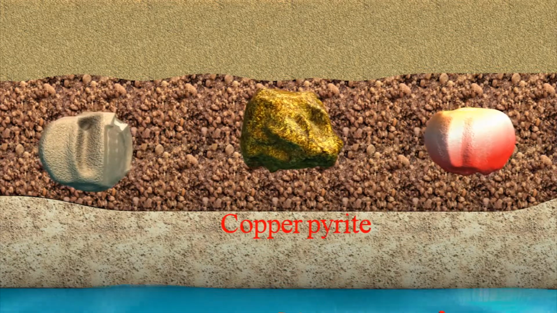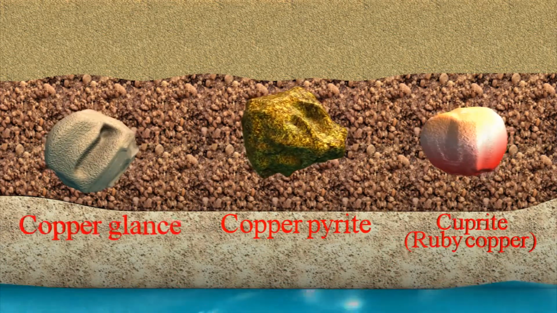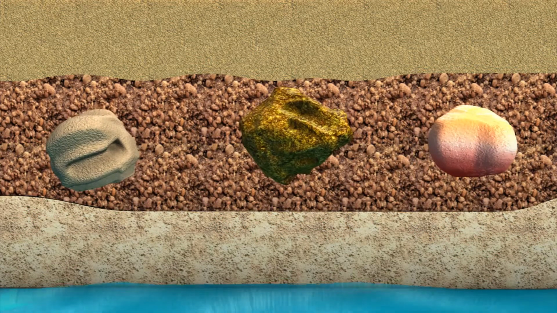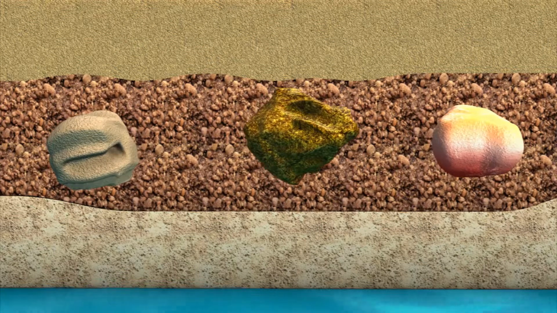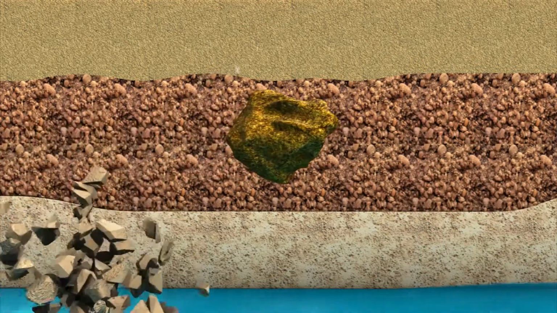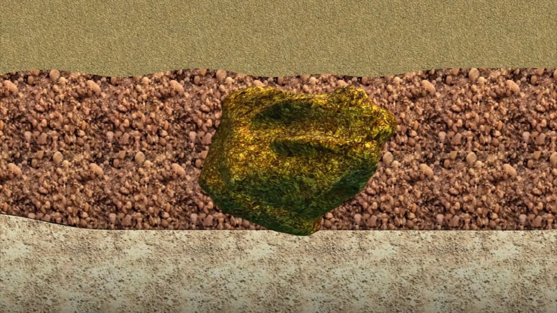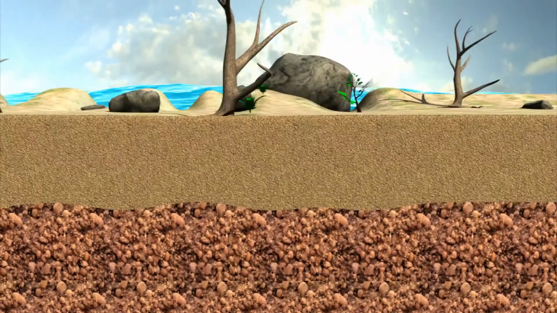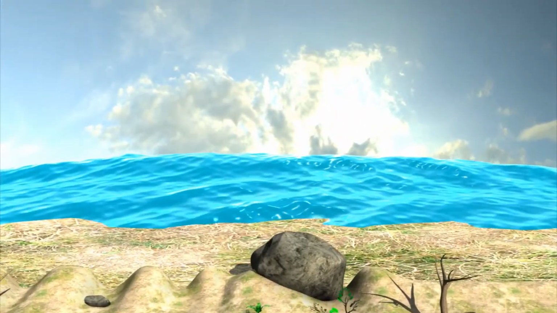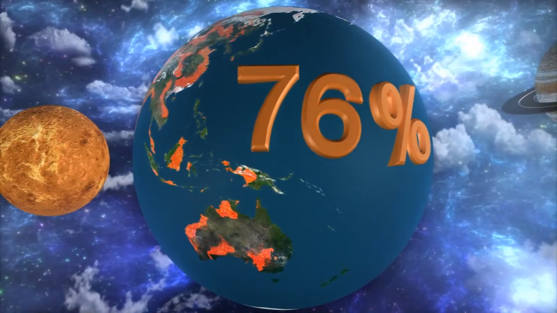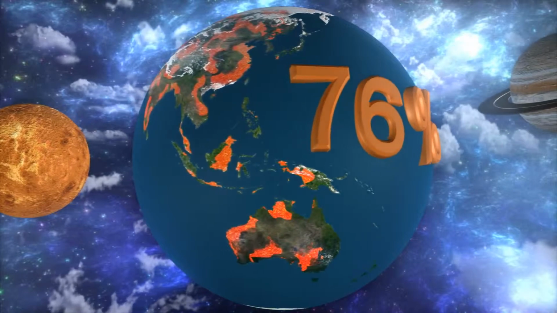Copper pyrite, cuprite or ruby copper, and copper glance. Copper is mainly extracted from the chief ore, copper pyrite. It yields nearly 76% of the world production of copper.